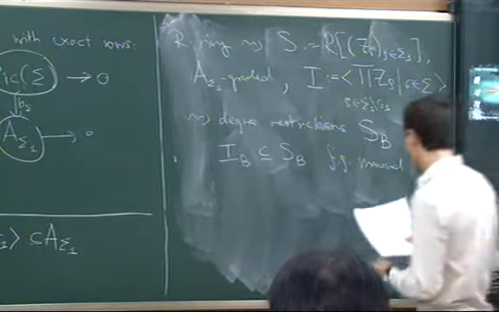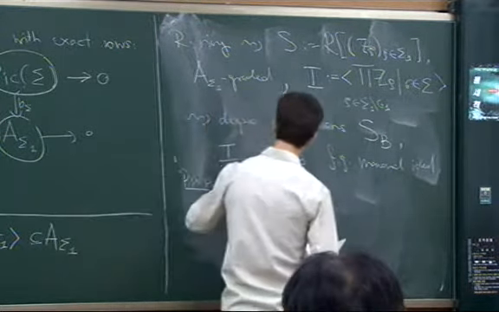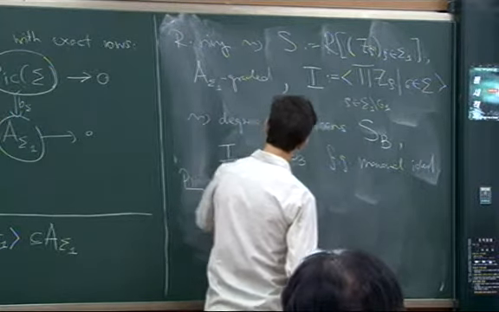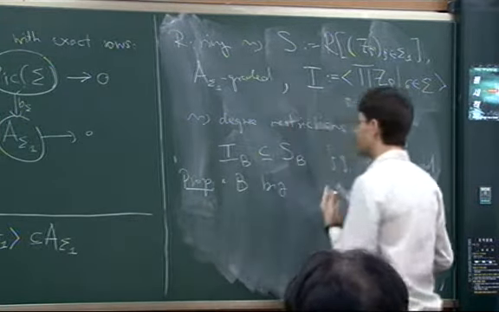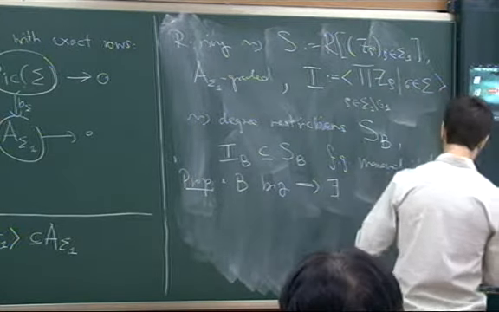And now this result says the following. So if this group is big, then, well, this is not so precise.